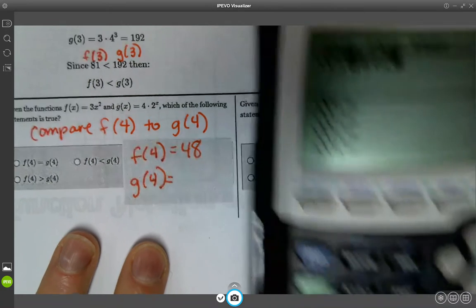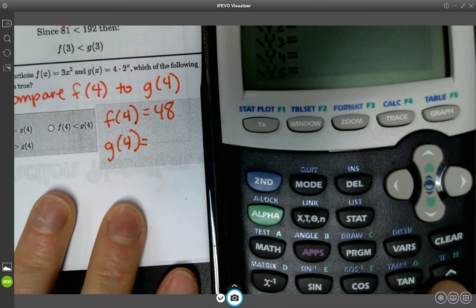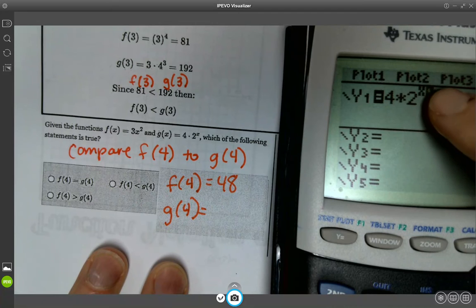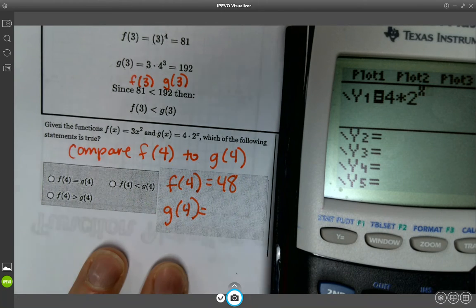This little caret top, right underneath clear. Whatever your exponent is, whenever you push the caret top, it takes it up to the top, and then you put your exponent. So make sure you know how to put this in. 4 times 2 raised to the x power.